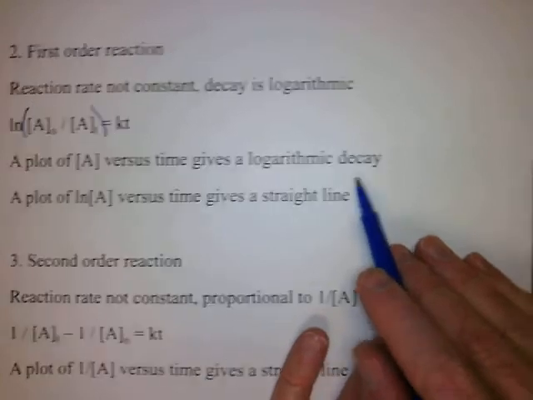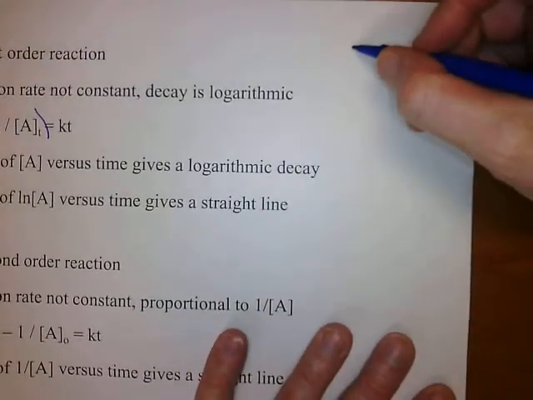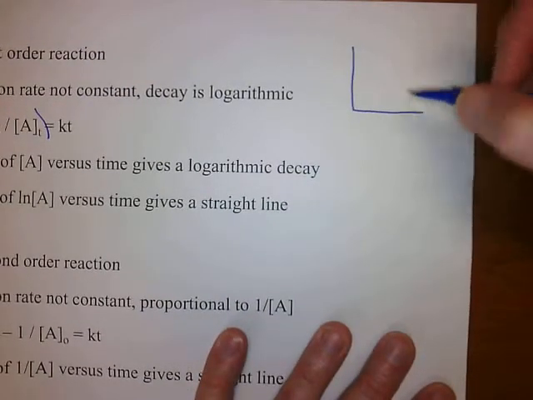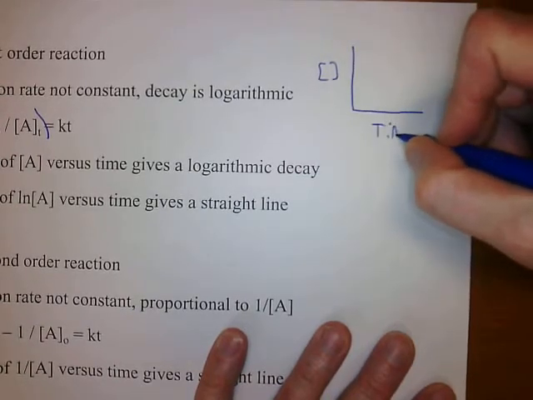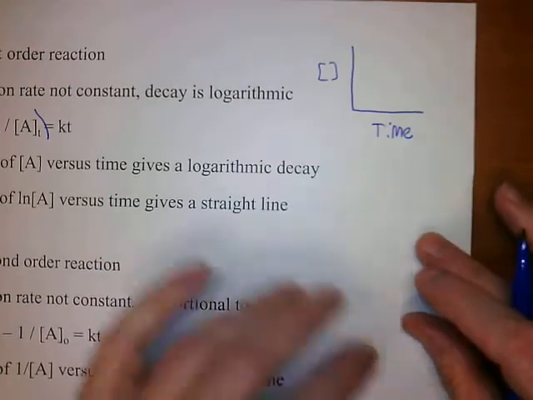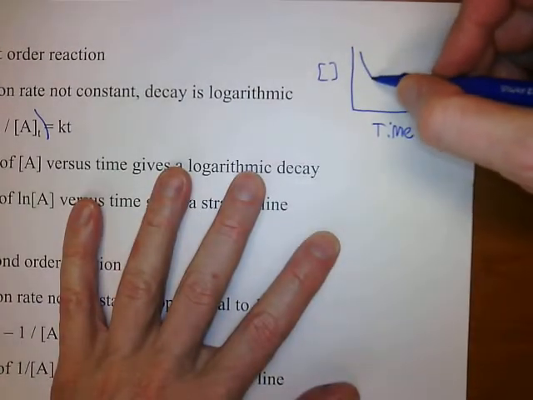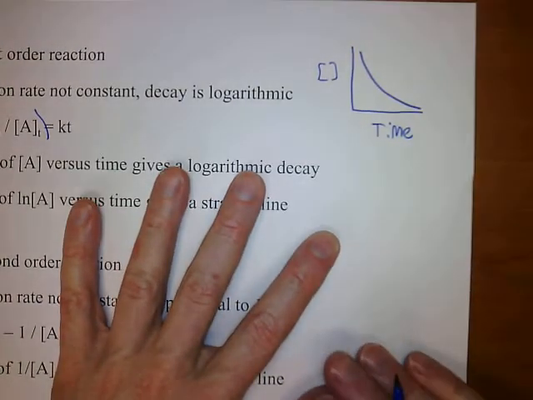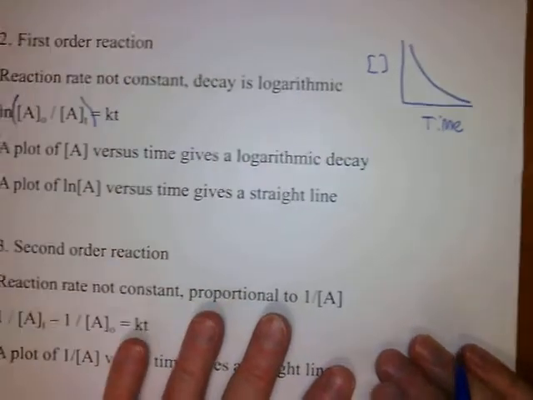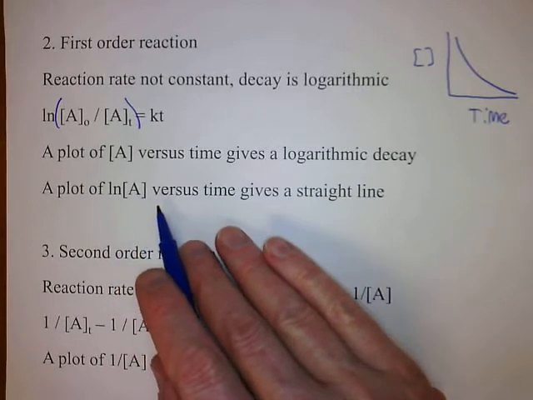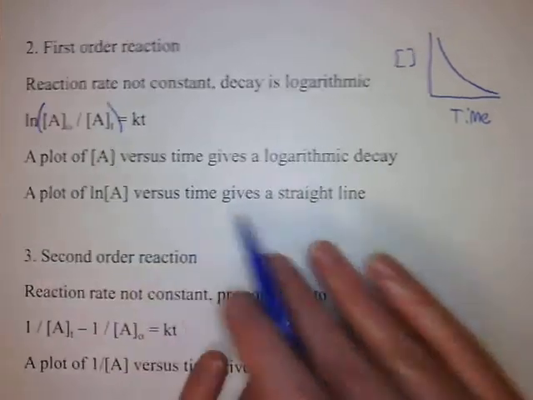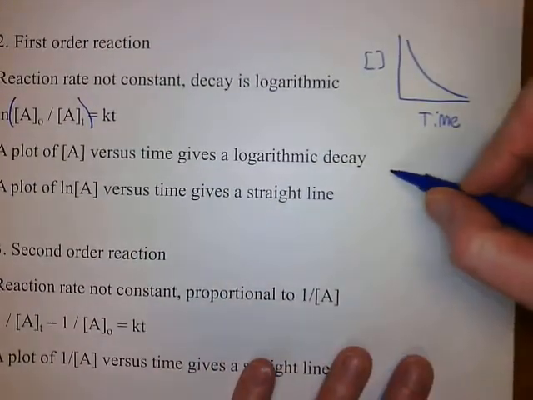So if you have a first order reaction, a plot of concentration versus time gives a logarithmic decay, right? So if you plot concentration versus time, it would wind up looking something like that. It would follow a logarithmic decay. Now a plot of natural log of the concentration versus time gives a straight line.